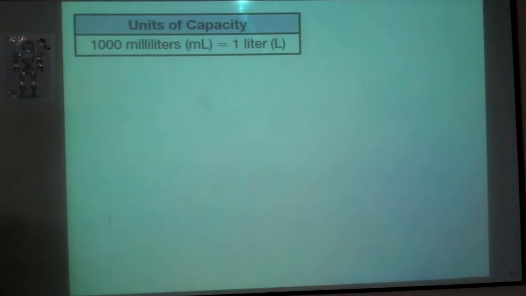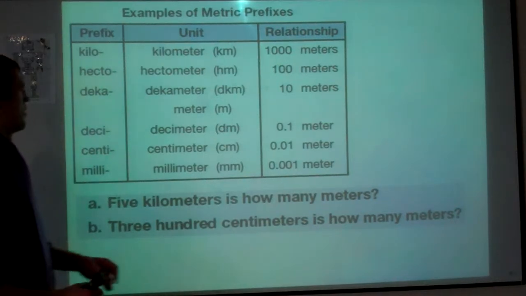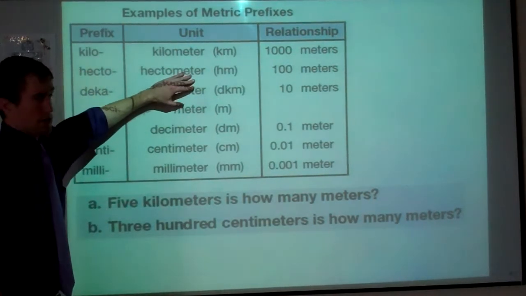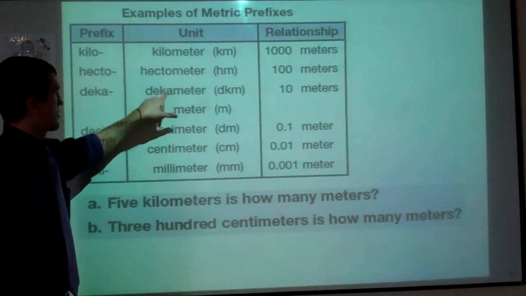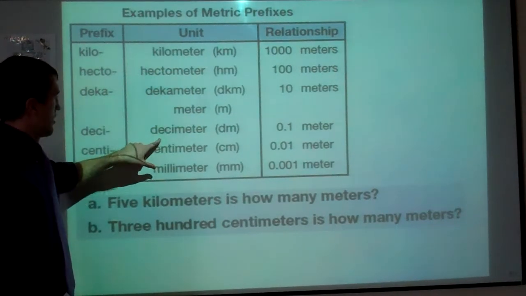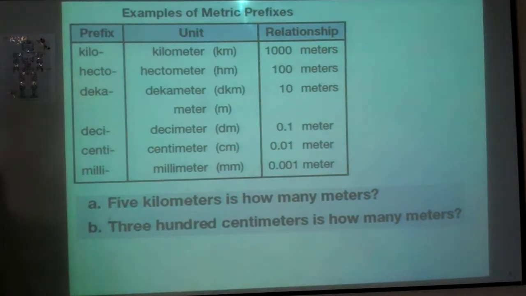Alright, the only unit of capacity they have here is that 1,000 milliliters is equal to 1 liter. But all of these prefixes still apply, so we could have had liters here instead of meters. So we could have kiloliters, hectoliters, decaliters, liter, deciliter, centiliter, milliliter. Those are all fair game.